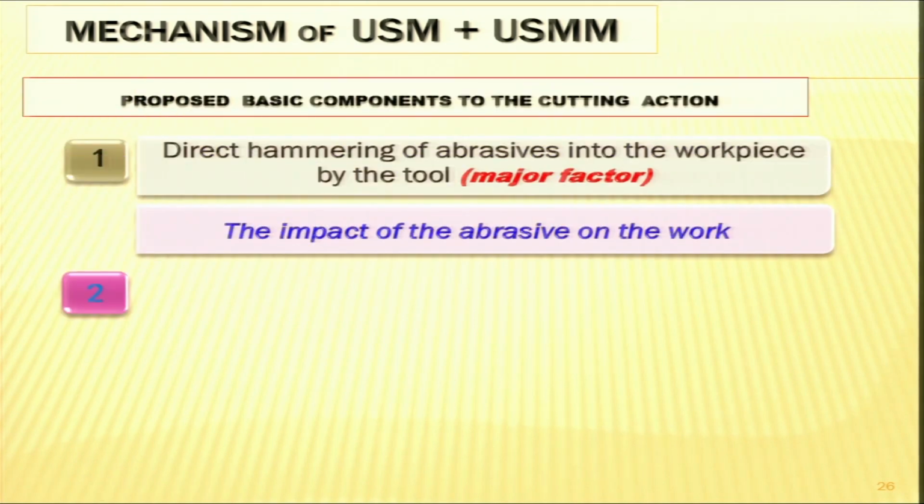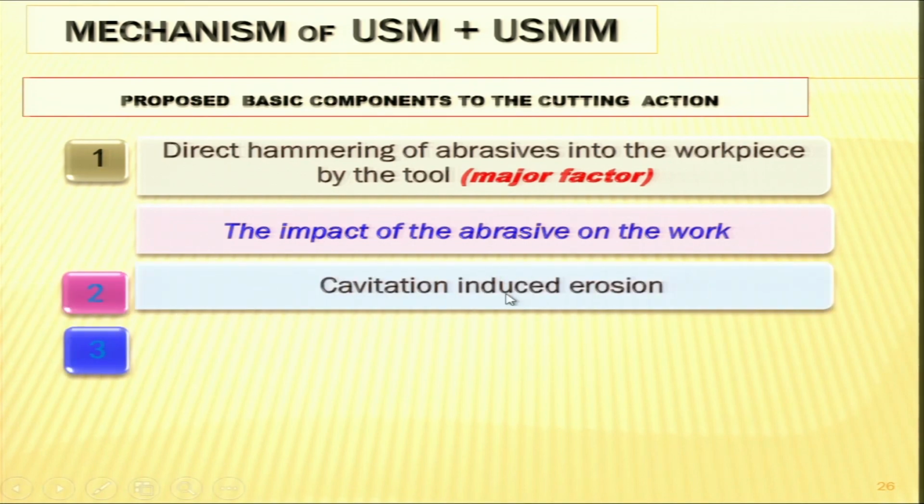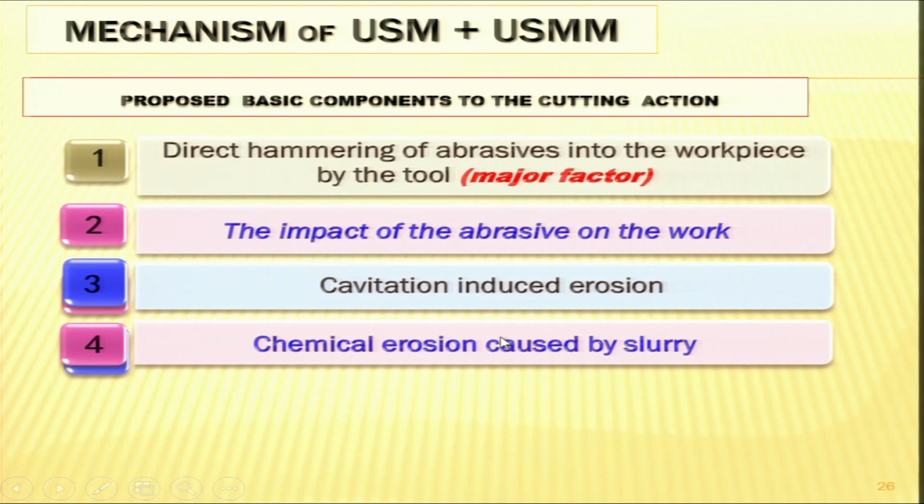That means the tool is touching the abrasive particles, the impact of the abrasive on the workpiece. Second, cavitation induced erosion. We are not discussing this cavitation induced erosion in this particular lecture. Third, chemical erosion caused by the slurry. This also we are not discussing here.